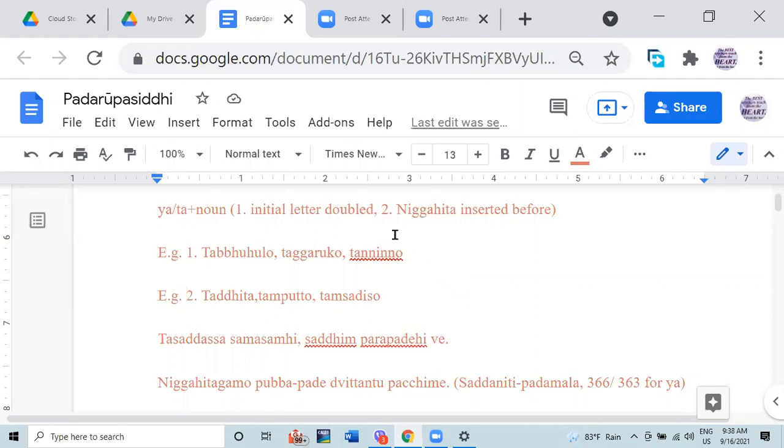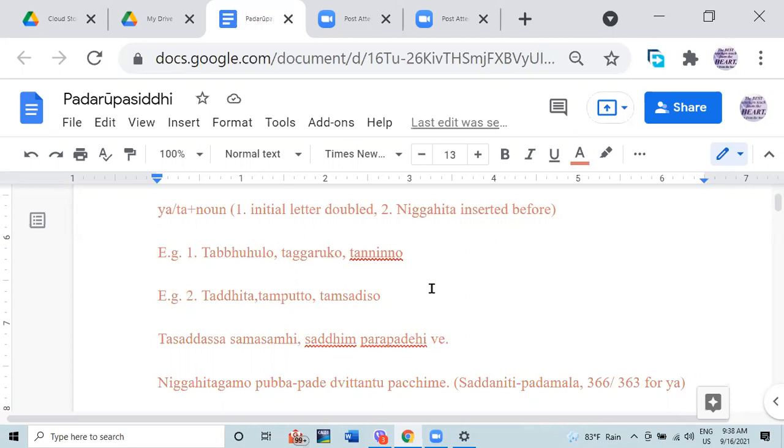Many. And the number two method is negita inserted between ja, ta, and the following noun. Okay, negita inserted. So that negita sometimes remains, sometimes changes according to the following consonant, like negita, wagana wawage.